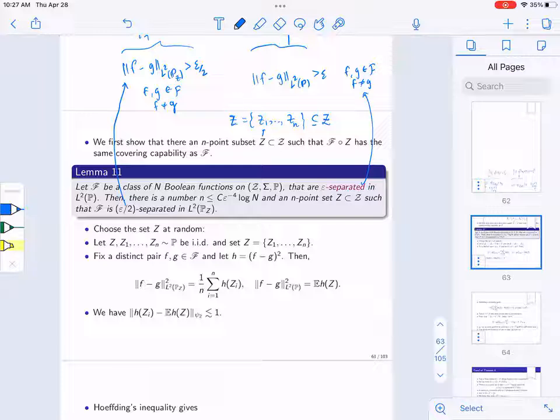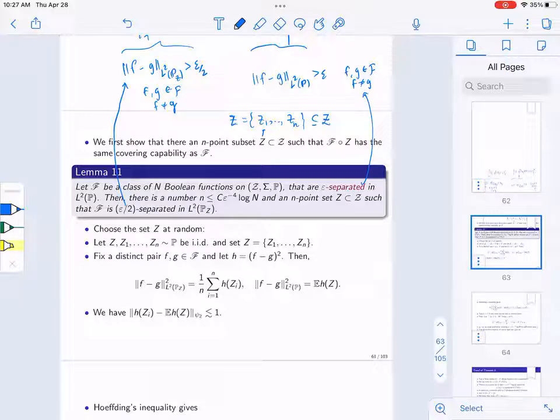They could even coincide. But this is saying that if this n is not too big... actually, if it's big, it's better. The bigger it is, the better. This is saying that it can be small.